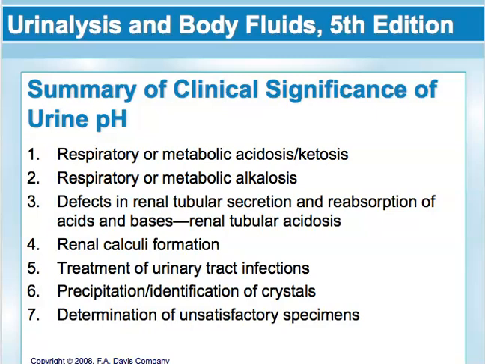If a urinary pH does not conform to the patterns that would normally be seen in these disorders, then you could rule out that condition. Defects in renal tubular secretion and reabsorption of acids and bases: if the urine pH does not fit the pattern for one of those, then it could be due to a functional problem with the kidneys.